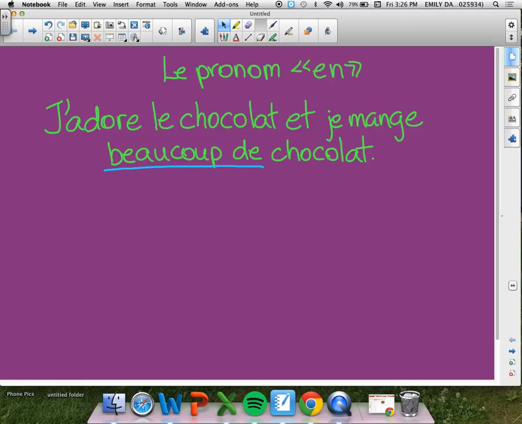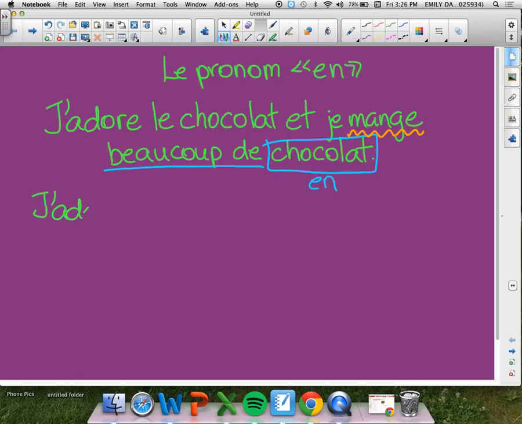So, if I were going to rewrite this sentence, not repeating chocolat, my rules are the same. So, here I'm going to replace chocolat with the pronoun en. I'm going to put it in front of my verb. So this is my verb, so my pronoun will go in front of it. So if I rewrite this sentence, j'adore le chocolat et, well, because it's je and my pronoun starts with a vowel, I'm going to do this.